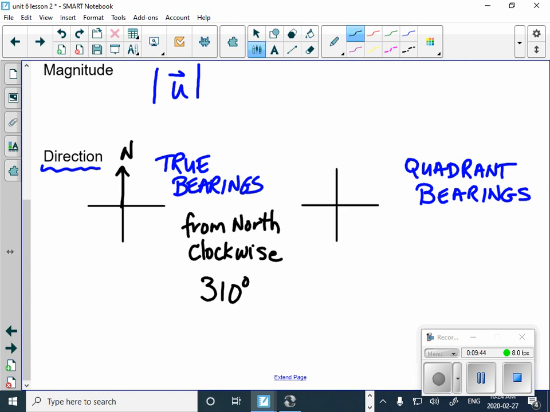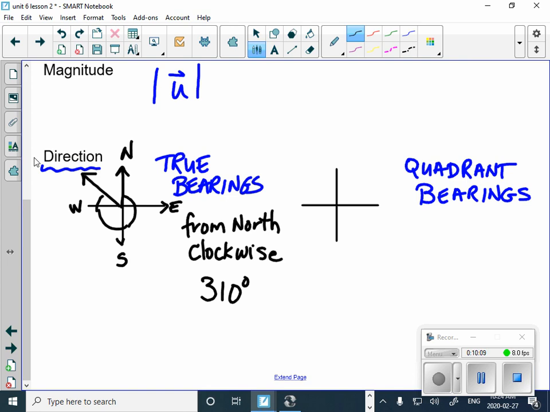We turn clockwise towards the east. That would be 90 degrees. We keep turning, keep turning. Once we hit due south, that's 180 degrees. Keep turning west, that's 270. And a little bit further, that would be 310 degrees from due north in a clockwise direction.